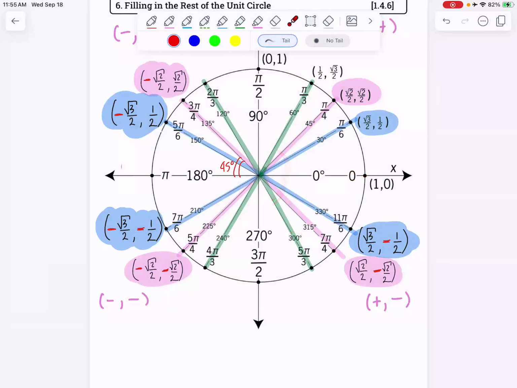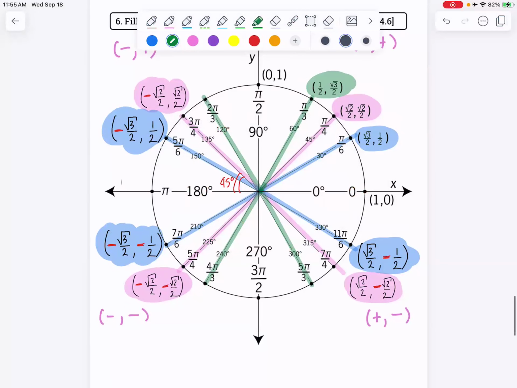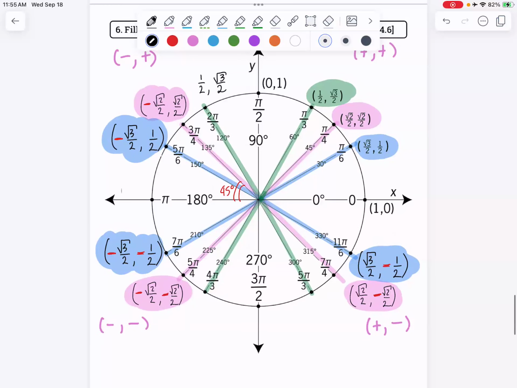This is a 60-degree angle. 120 to 180, this whole thing is a 60-degree angle. 180 to 240, that's a 60-degree angle. They all have 60-degree angles. So they're going to use 1/2 comma square root of 3 over 2. In quadrant 2, x is negative, y is positive.